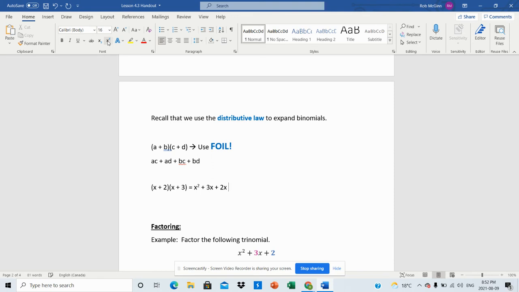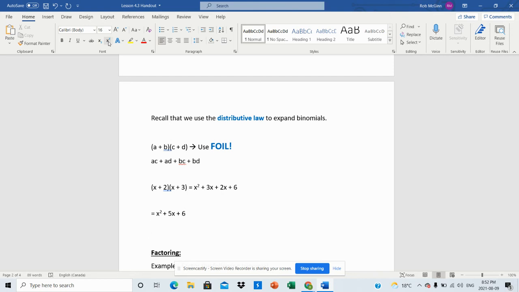And finally, 2 times 3, which will be 6. Finally, we're just going to simplify our equation there. We're going to have x squared plus 3 plus 2 is 5, so plus 5x plus 6.